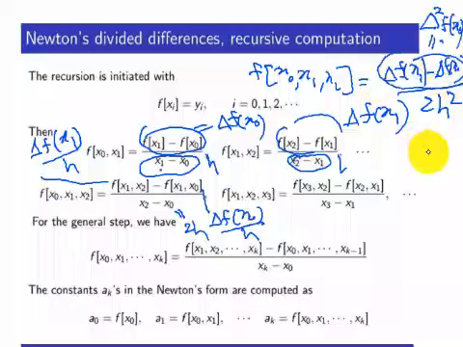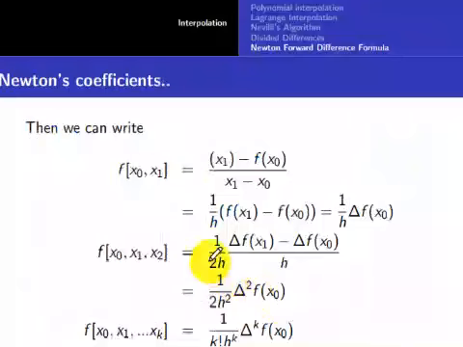That means if you have three points, this would be the second order forward difference of f of x0 divided by 2h squared. Look at this.